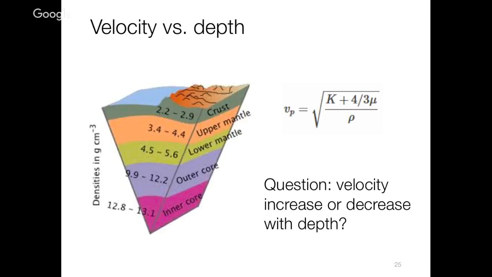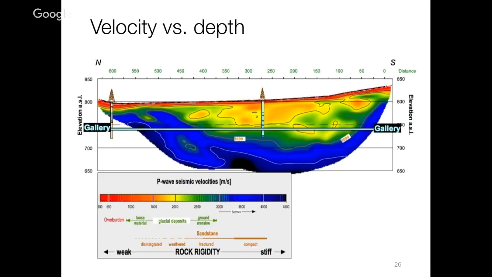And in fact, the velocity does increase as you go down into the Earth. But if you look at the formula, it's kind of counterintuitive because we're dividing by the density up here. So if I had a higher density, I think I should have a lower velocity. The point is that even though the velocity might generally increase with density, you've always got these other properties that are also affecting it. But generally, velocity is going to increase with depth.